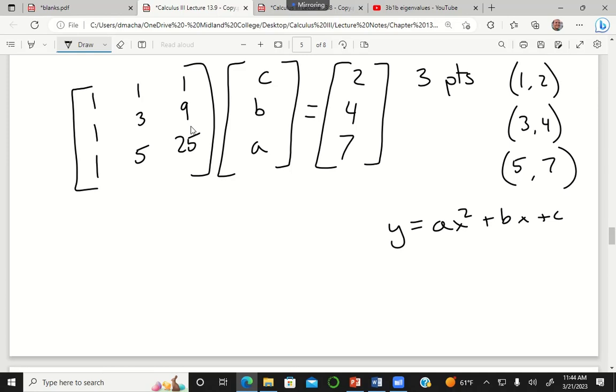This would be, again, c plus b times x plus a times x squared, and again, that should give me the corresponding y value, and you kind of see what's going on here. All right. So that gives me the interpolating polynomial. That means if I have 3 points, that gives me exactly the parabola that passes through all 3 of those points.